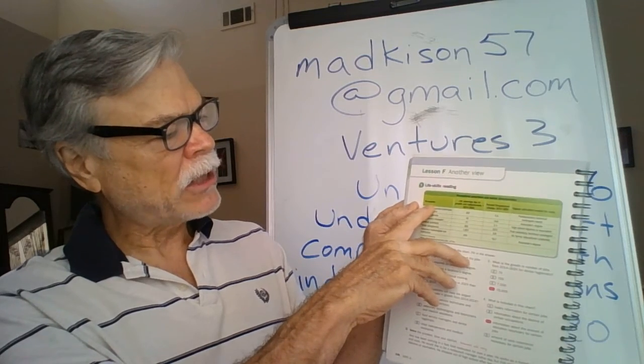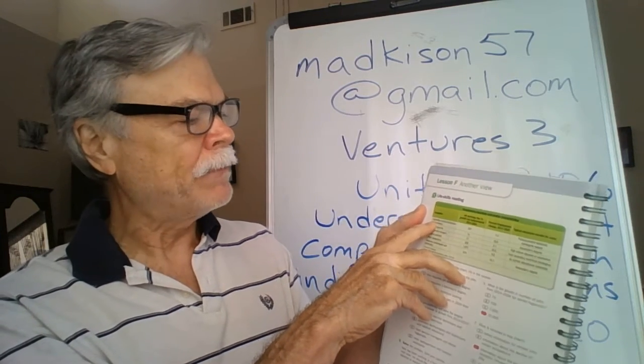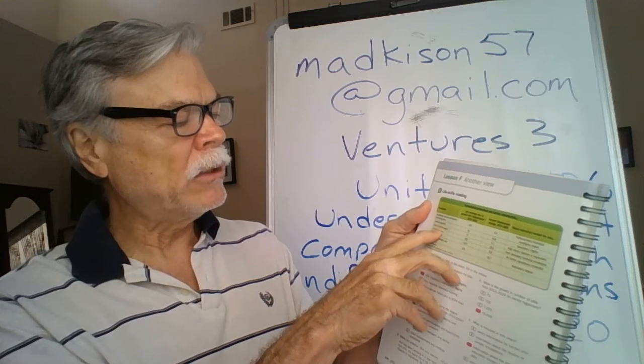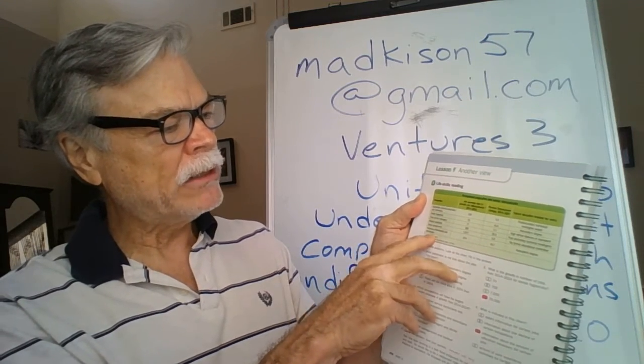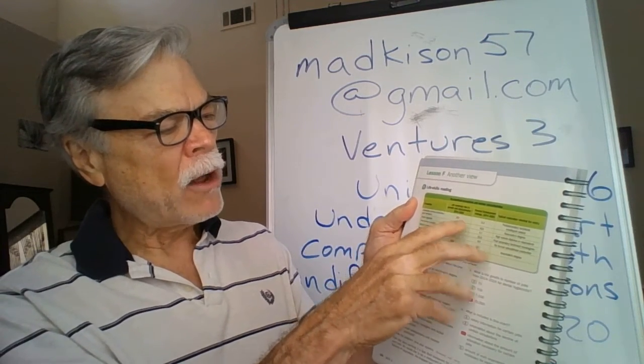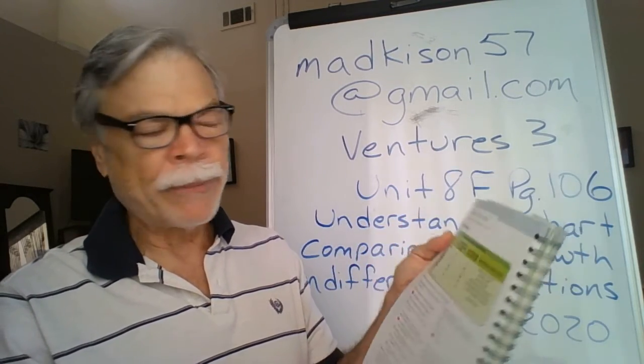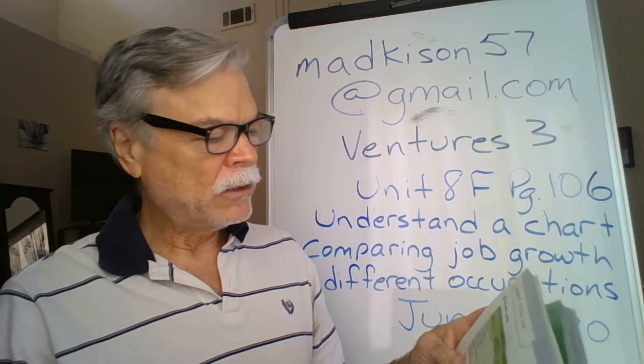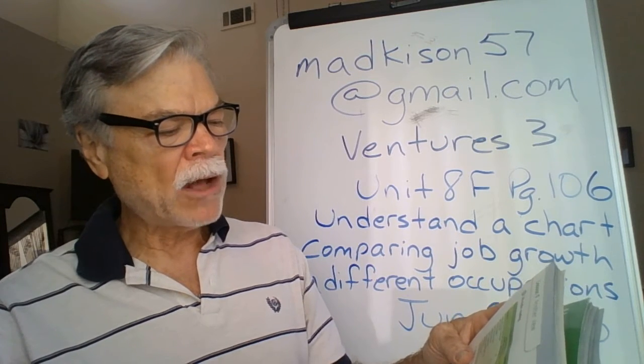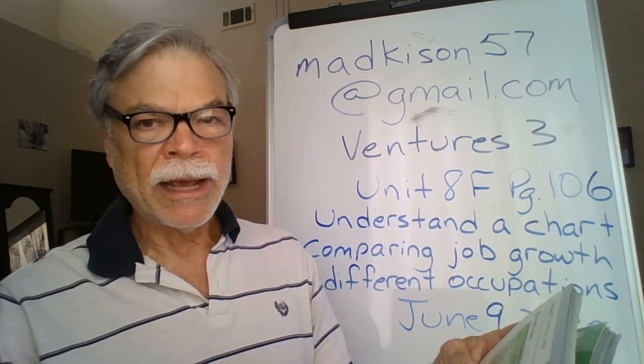So you can see the first column says occupation at the top, and I'm going to look at the different occupations and then compare how the number of jobs is increasing for each of these different occupations. So the first occupation is automotive service technicians and mechanics.